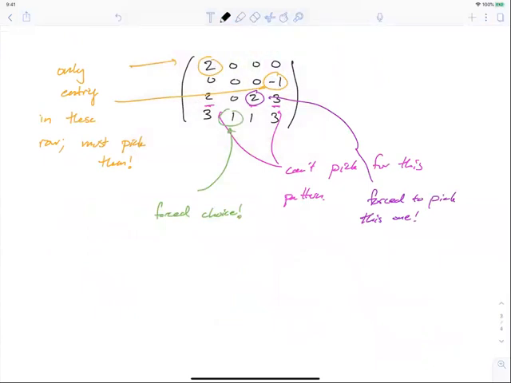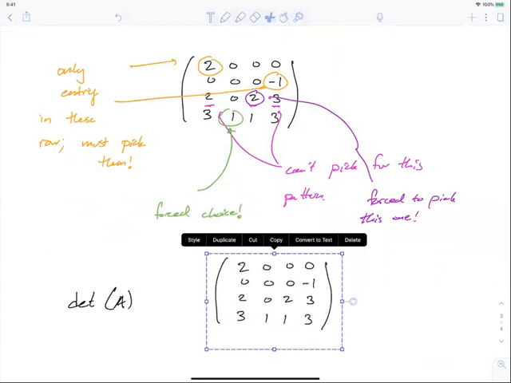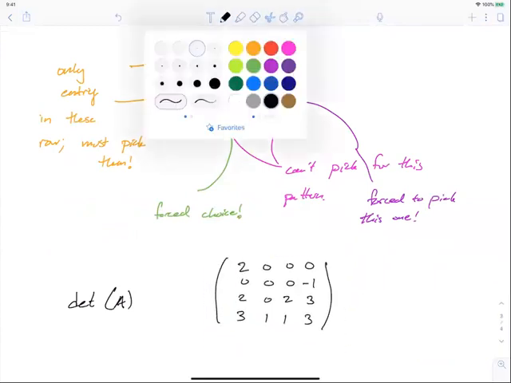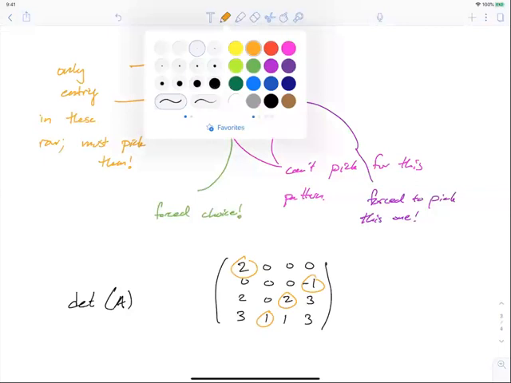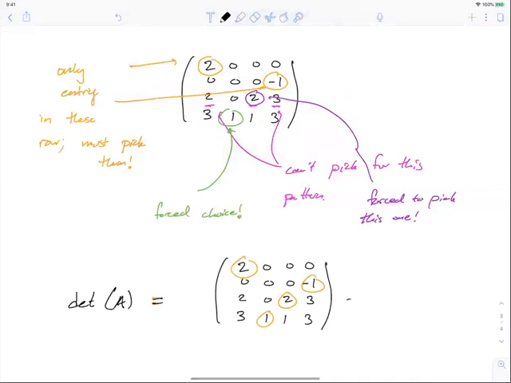So the determinant of our matrix, we're just going to look at this pattern that we found. And so we know that it's going to be equal to the product of those entries, which is 2 times minus 1 times 2 times 1, which is minus 4. But keep in mind, it can be plus or minus. So it can be plus or minus minus 4.